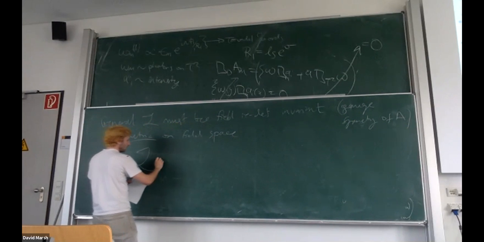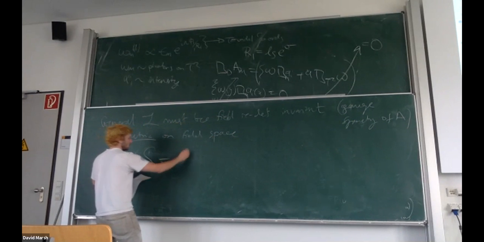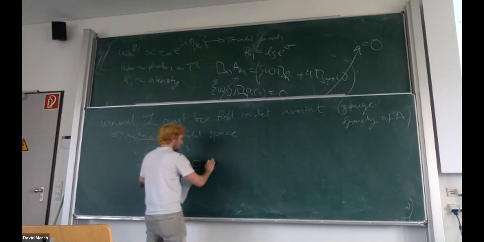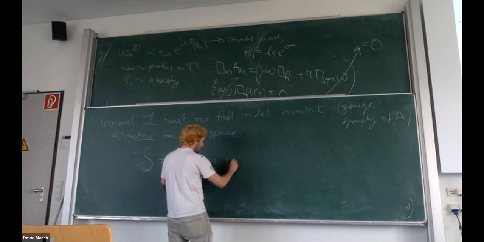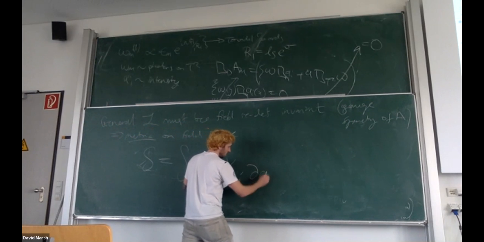So the Lagrangian, or rather the action, in D minus 2 dimensions has to have a metric on field space. It's invariant under field redefinitions.